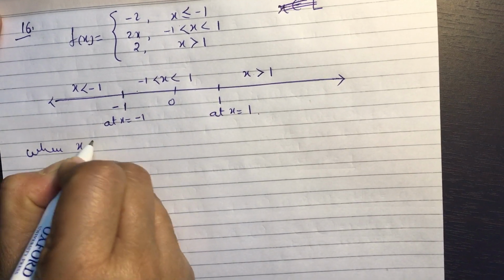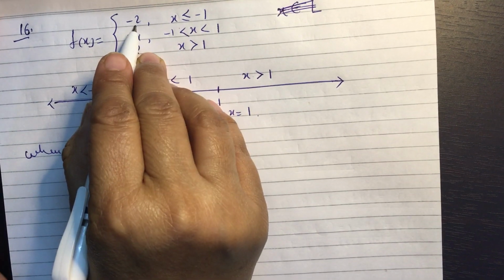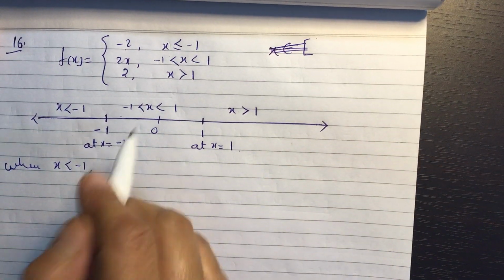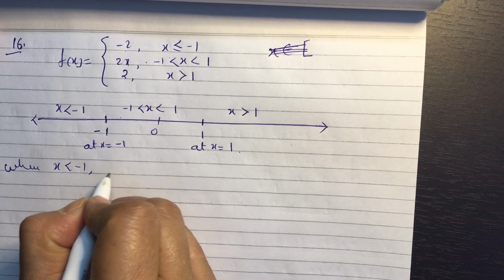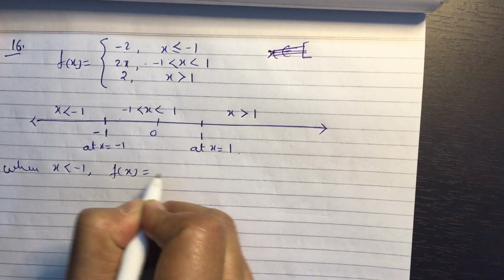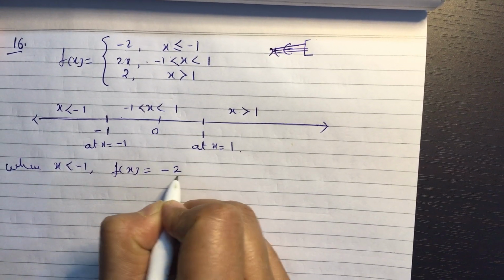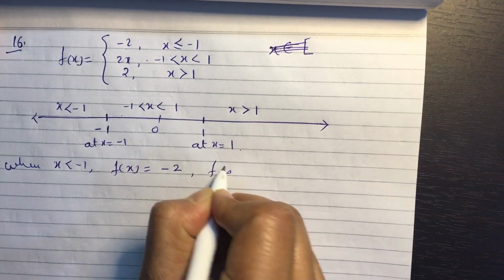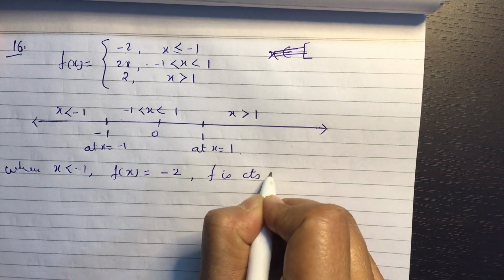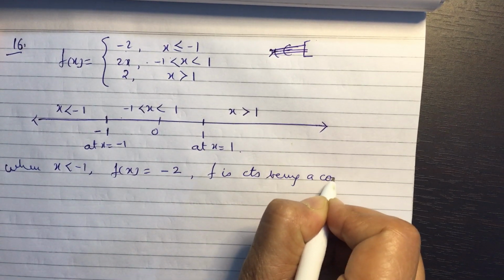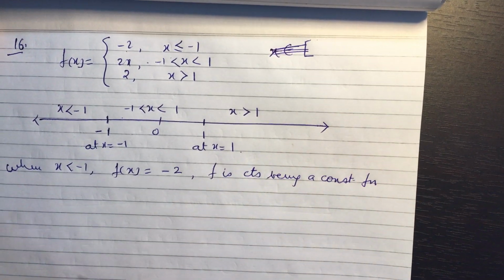When x is less than -1, there is only one definition which is -2. f is continuous being a constant function.